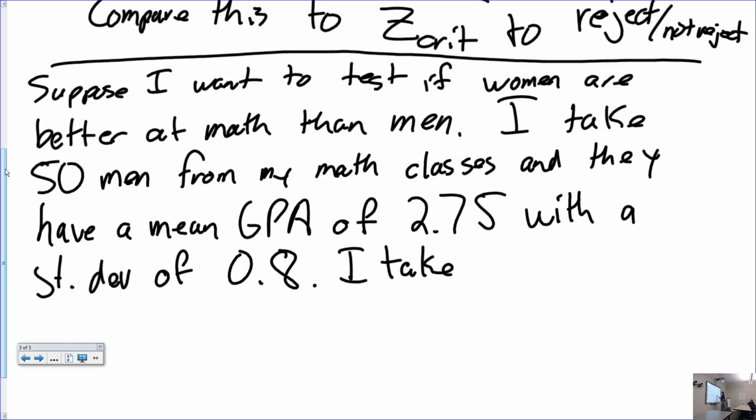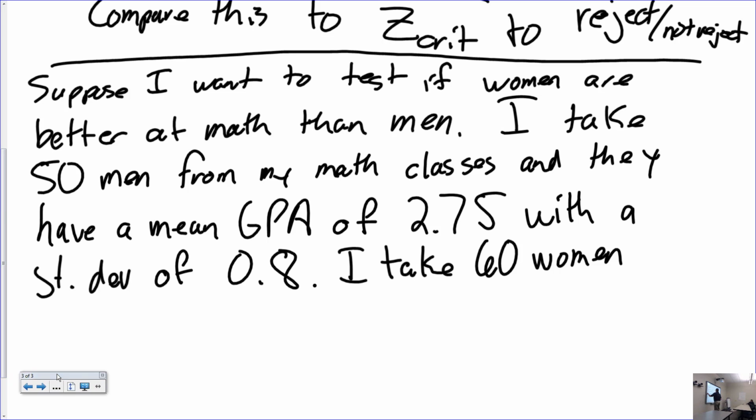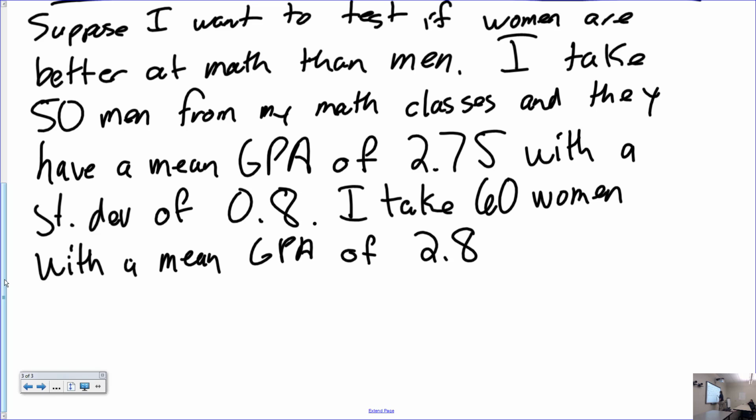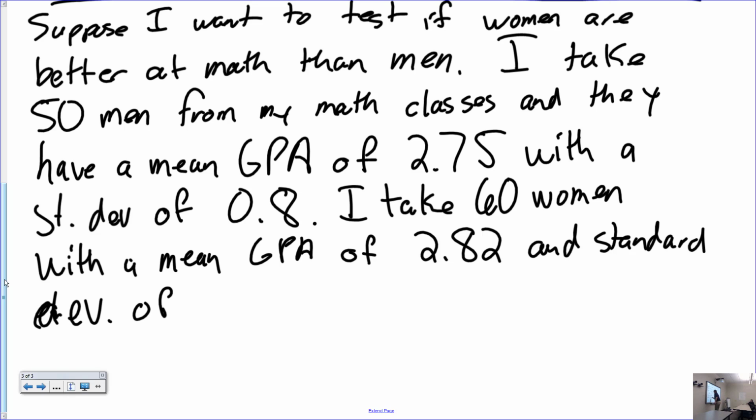I take, say, let's go the other direction. Take 60 women. And let's suppose they have a mean GPA of 2.82 and a standard deviation of 0.6.